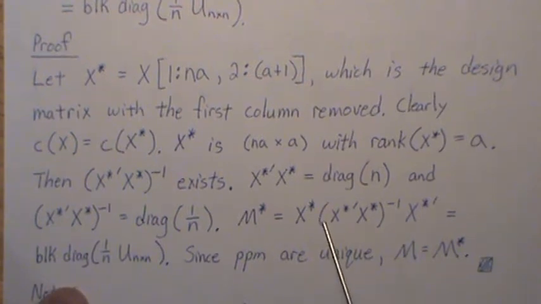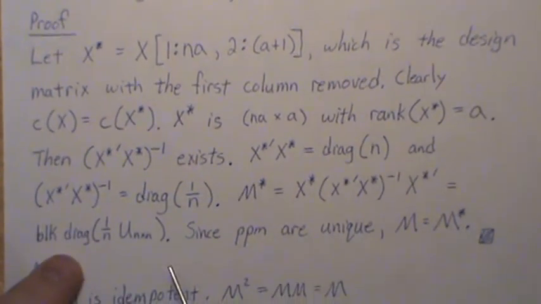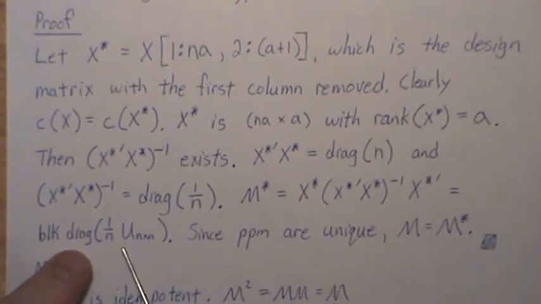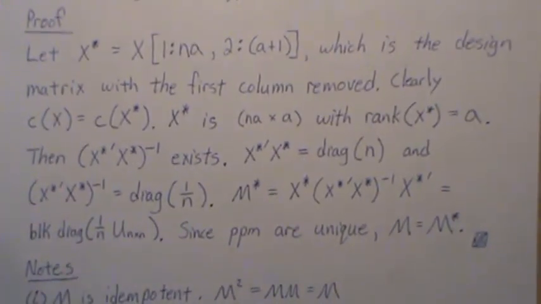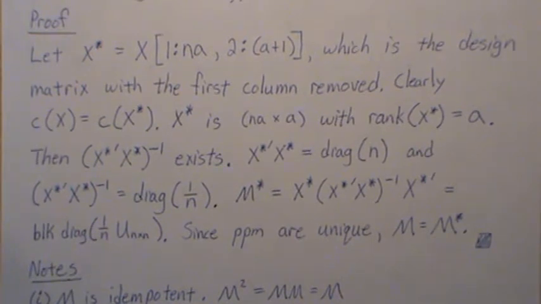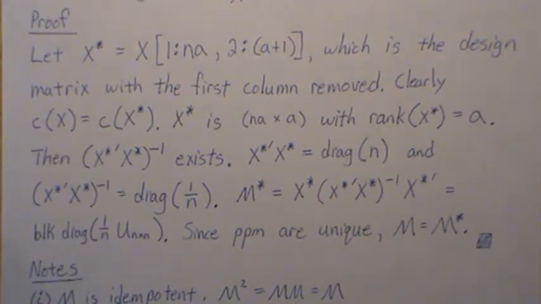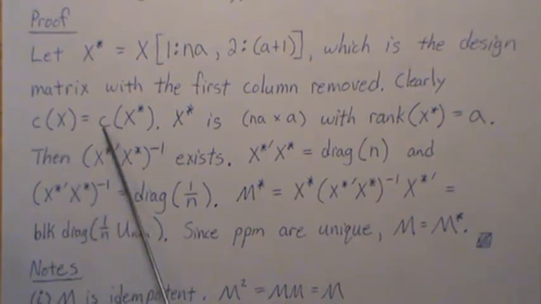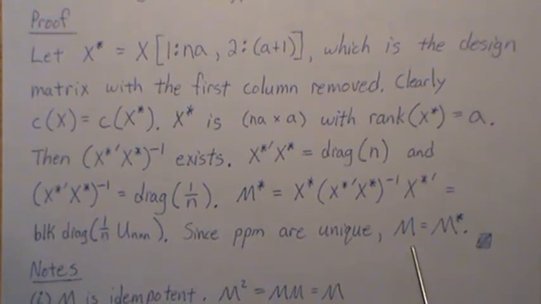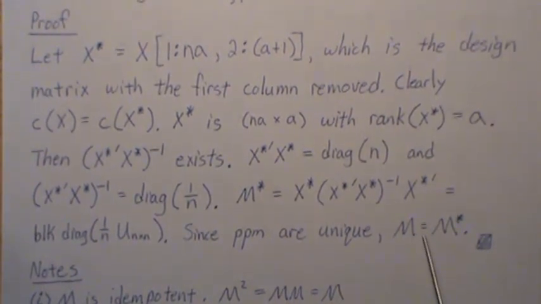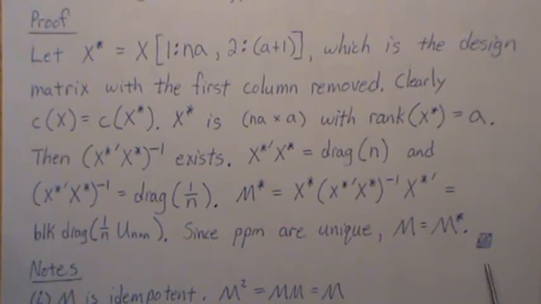And then again, I'm going to let you do this, but it can be easily shown to be block diagonal of 1 over n U n by n. But since perpendicular projection matrices are unique on a particular vector space, and the vector spaces spanned by these column spaces are the same, that says the perpendicular projection matrices have to be the same. So M must equal M star, and that's the end of the proof.